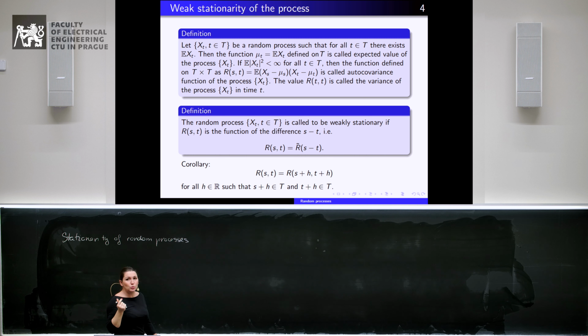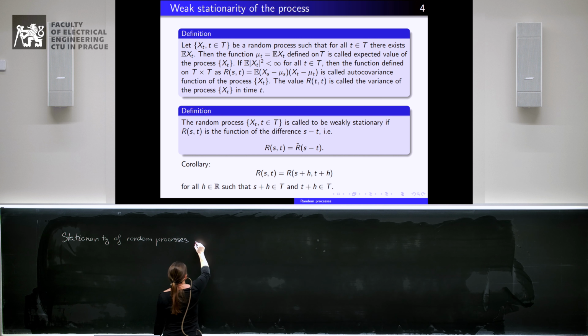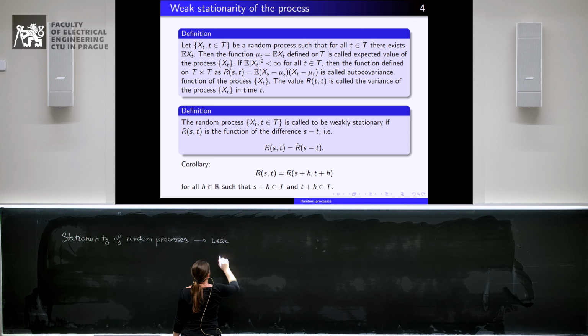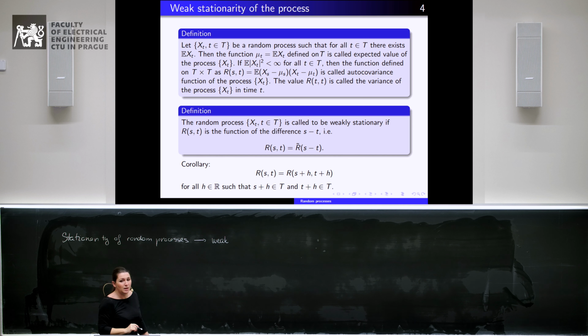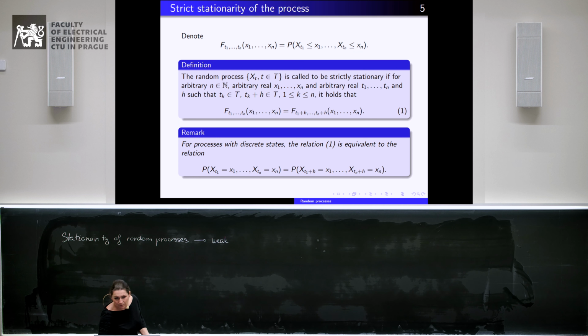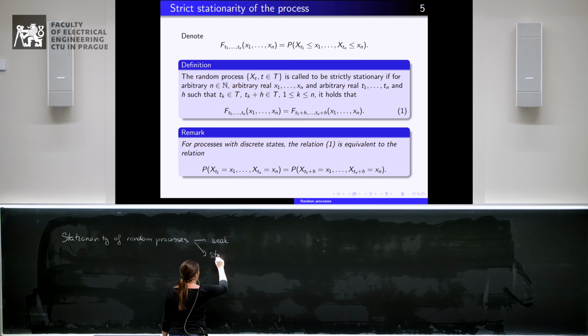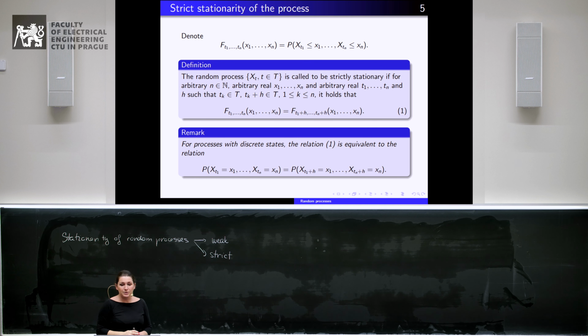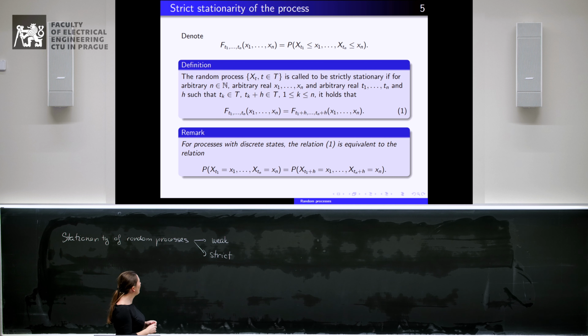And we consider 2 types of stationarity. The first one is weak stationarity, and the second one is strict stationarity. And I won't explain the definition. I will mention the definition next week when we have more time for this.